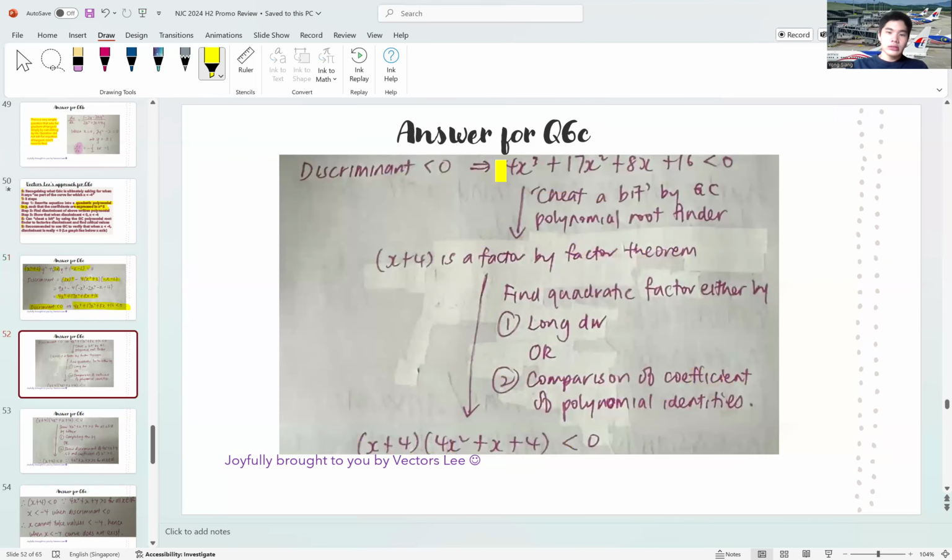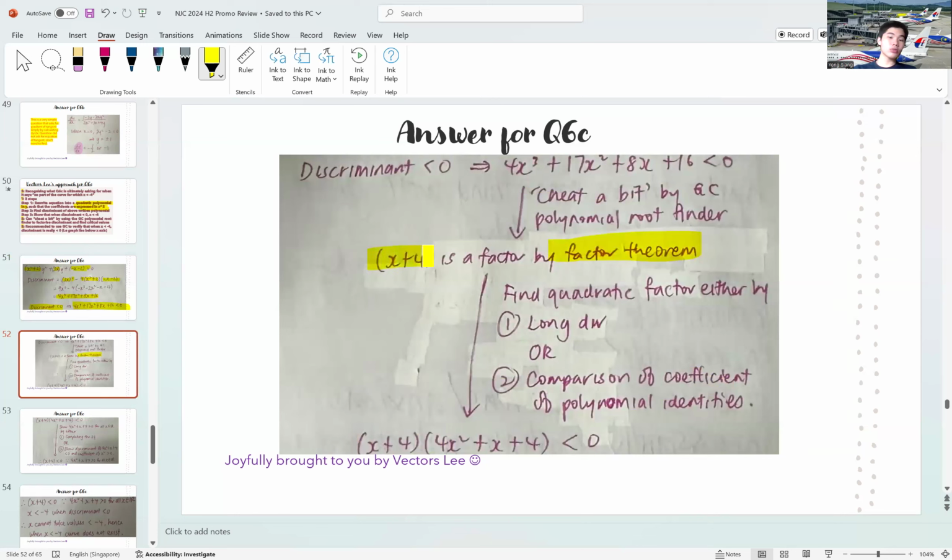So this is a cubic inequality. Because they say the algebraic method, you probably have to use the factor theorem. My apologies. You can cheat a bit again by using your GC polynomial root finder, because that's how you cheated back in Sec 3 also when solving cubic inequalities.